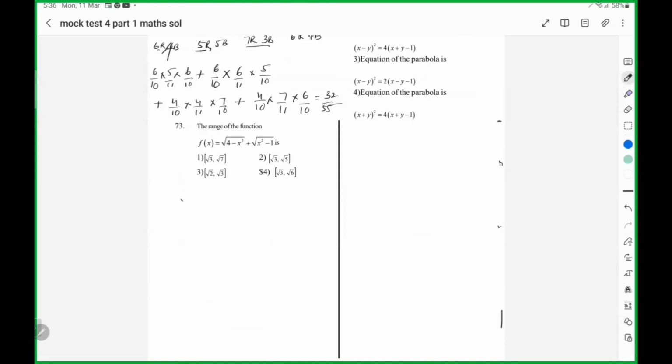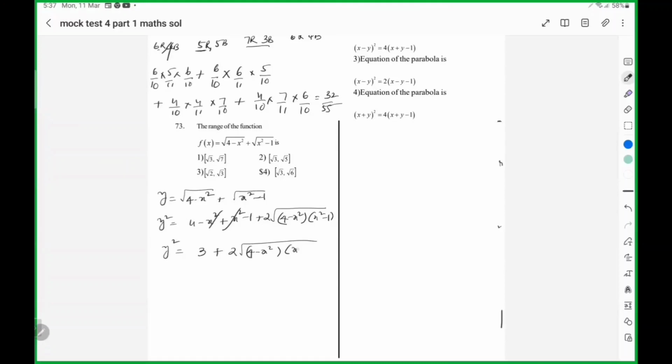Here root of 4 minus x square plus root x square minus 1, assume it as y. Here you'll have y square equals 3 plus 2 root of 4 minus x square into x square minus 1. So the root function is always greater than 0, so y square will be greater than 3.